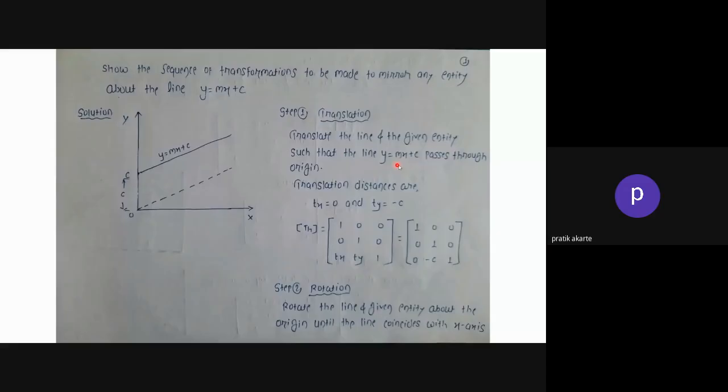Now let us see what those steps are. The line y is equal to mx plus c should pass through the origin.